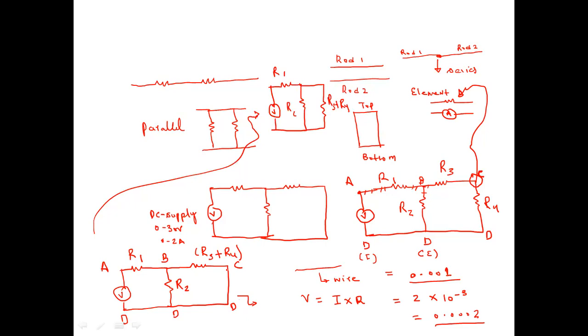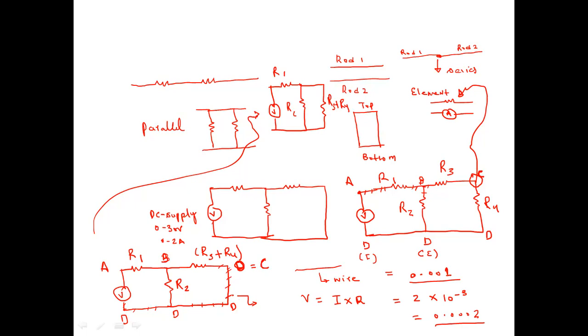If it has to be connected in parallel, the potential of these points should be the same. So this R2 is connected between B and D, and this R3 plus R4, technically speaking, this point is B. Across this, if this point is C, and this point is D, but there is no element connected between D and B, the potential of this point C would be same as D. So we can safely say that C is equal to D. How can we say that?